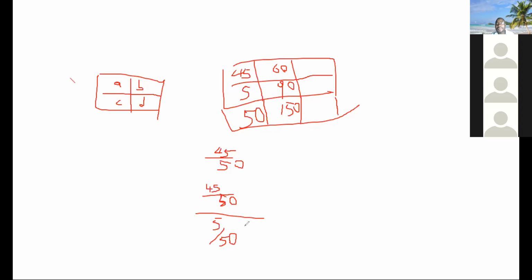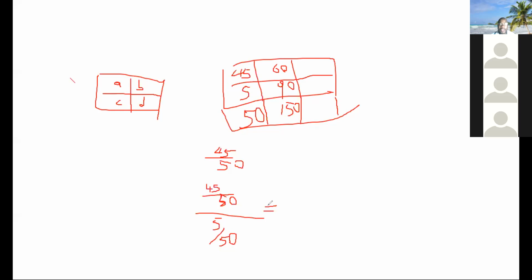Yes, it does. This is the people that smoke, this is the people that didn't smoke. So it is the probability of the event and the probability without the event. So this is the odds. But when you change the subject of the formula, it should be 45 over 50 times 50 over 5.